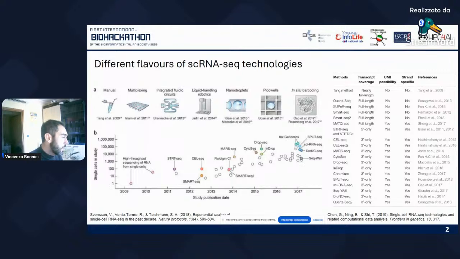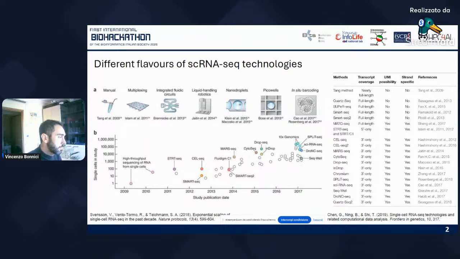Of course, for every one of these technologies, you would want a specific processing of your data, because every technology and every protocol is generating something different.